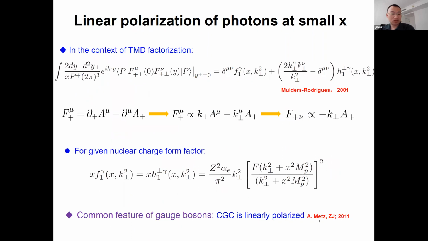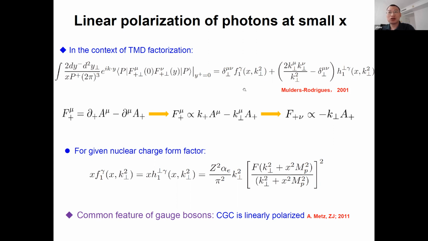Okay, so in the context of TMD factorization, the matrix element definition of the photon TMD is given here. F is the electromagnetic field strength operator. Here we have two open transverse indices, mu and nu. The tensor structure can be parameterized into two terms. k-perp is the photon transverse momentum.